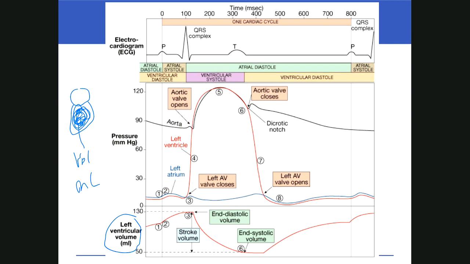So look, I'm adding blood to the ventricle, so the ventricle's filling up. But here I'm squeezing it, just like squeezing a sponge in your fist, and I'm pushing the blood out. And here I'm letting the blood come back into the heart. So what's happening is the heart fills, the heart empties, and the heart fills back up again.